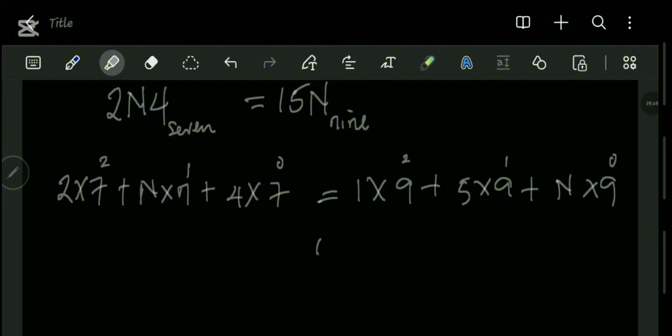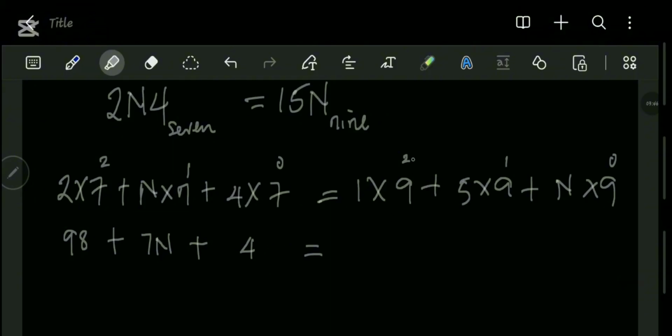And 49 times 2 is 98, right? So this number here is 98 plus 7 to the power 1 is 7. 7 times n is 7n plus 7 to the power 0 is 1, and 1 times 4 is 4.